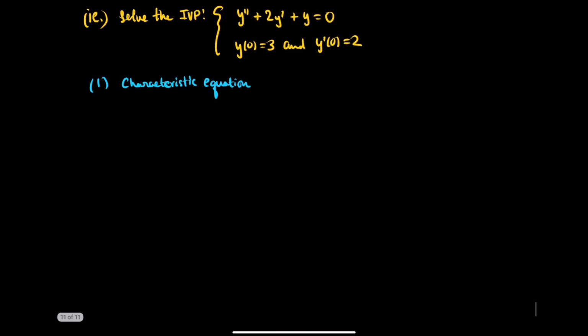And so the characteristic equation is r squared plus 2r plus 1 equals 0. So r plus 1 squared is r squared plus 2r plus 1.